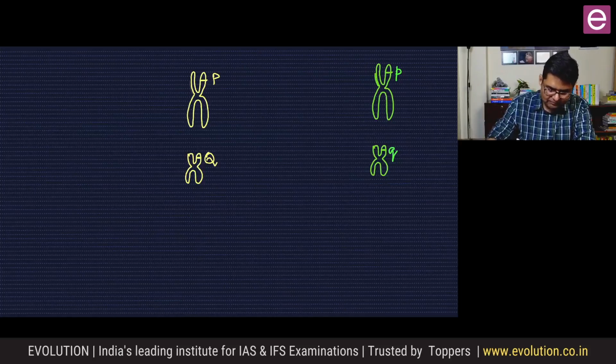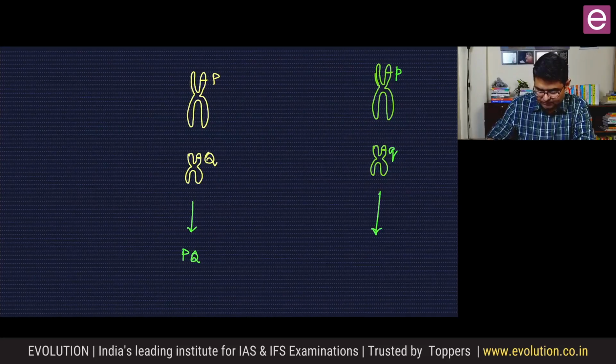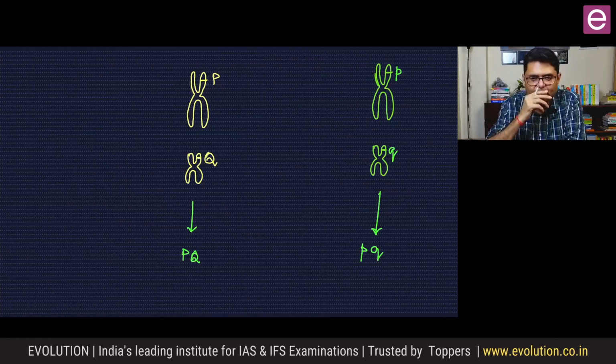Now, this set of gametes will be producing dominant P, dominant Q, and this will be producing recessive P, recessive Q. Correct?